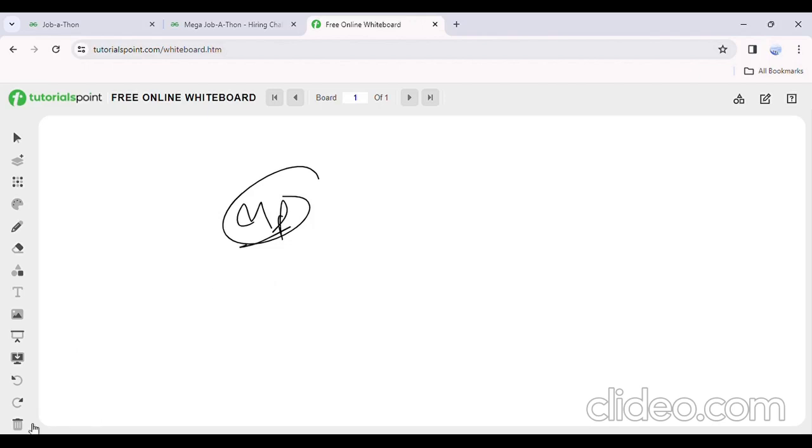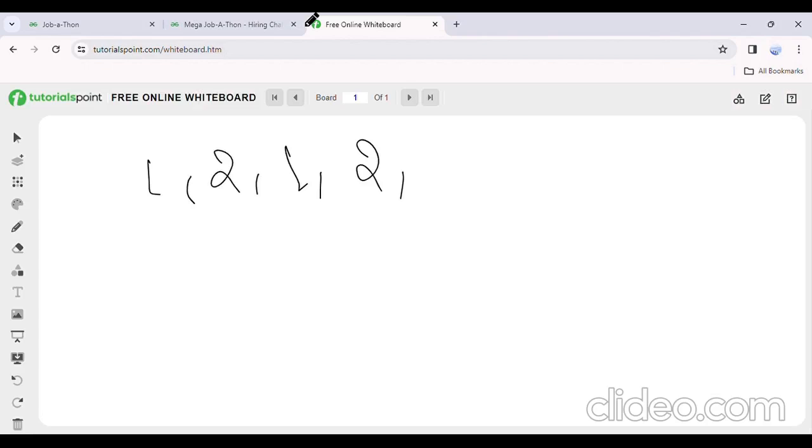Why I am doing it like this. Suppose 1 2 1 2 2, and k is equal to 2, then we are traversing from here.